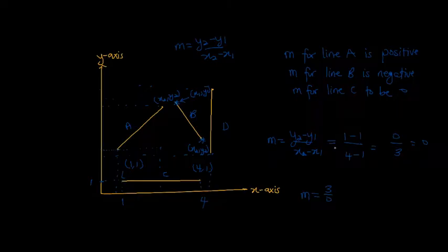It's going to be the opposite of the horizontal one. Now when that happens, you cannot divide by 0, so 3 over 0 will give us infinity. So the gradient will be infinite when we have a vertical line.